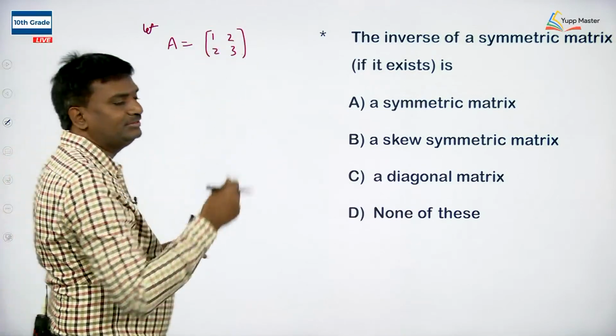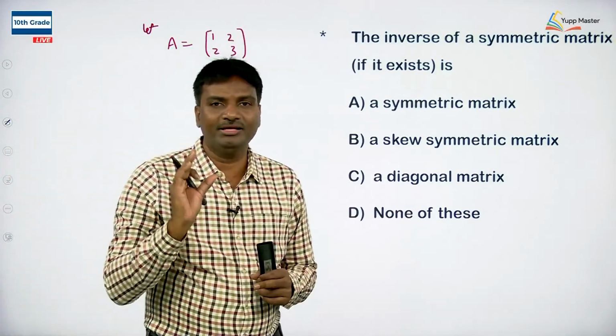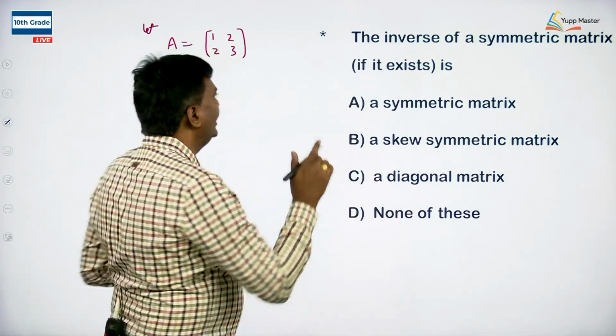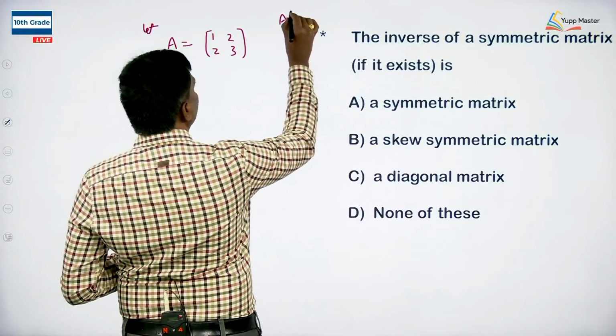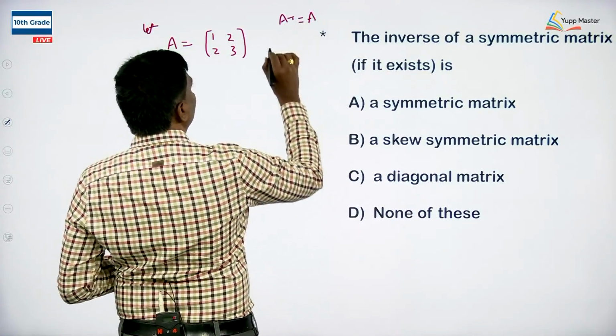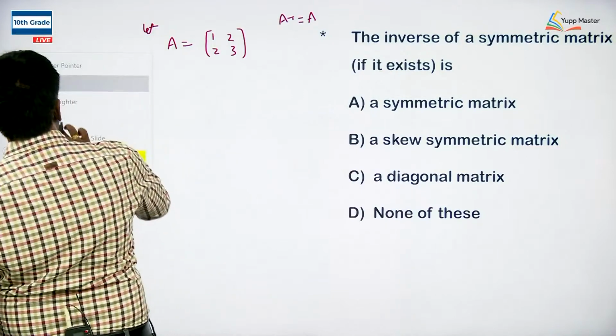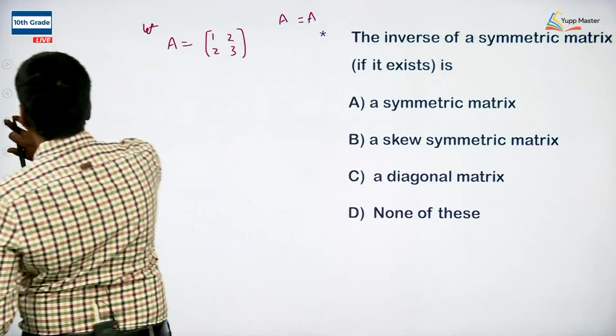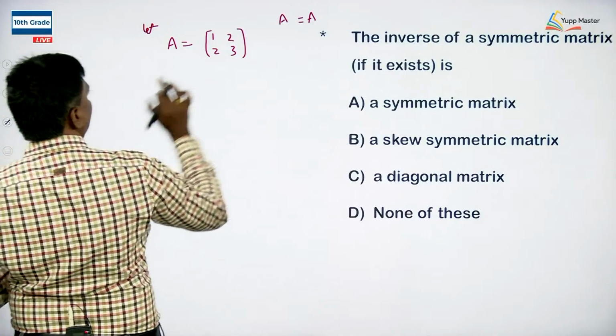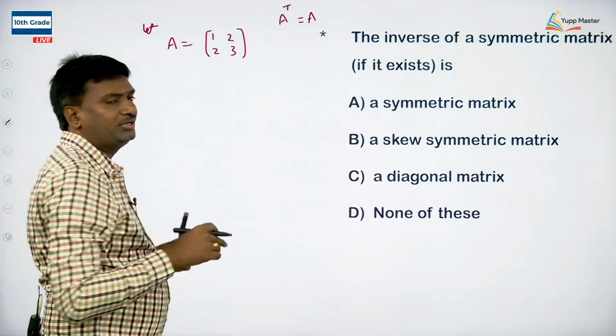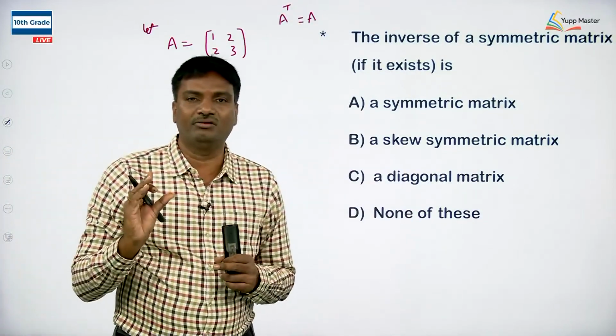So clearly this is a symmetric matrix. According to the definition, a symmetric matrix has A transpose equal to A, or A dash equal to A.